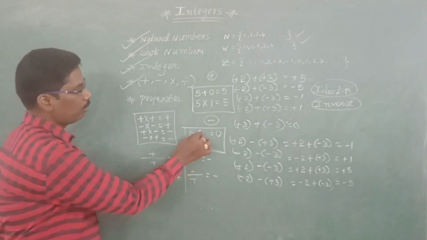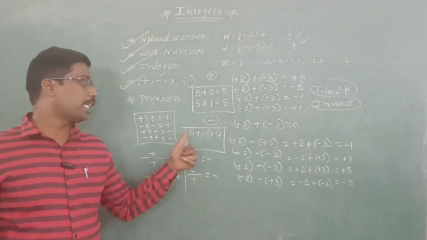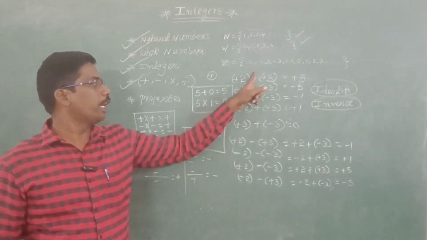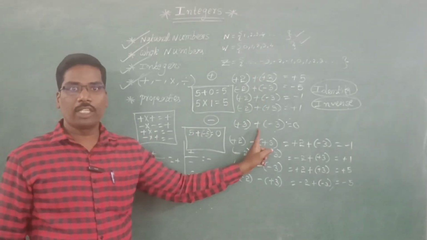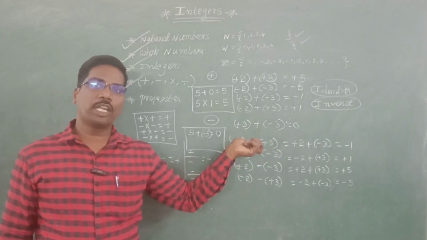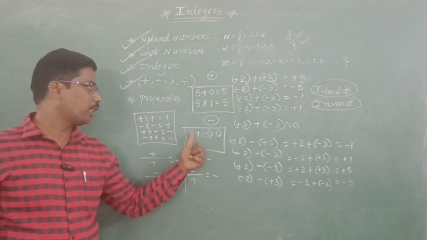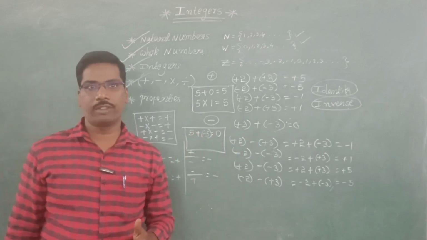That is minus 5. This is additive inverse. If two numbers add to 0, then the two numbers are called additive inverse to each other. Minus 5 is the additive inverse of 5 and 5 is the additive inverse of minus 5.